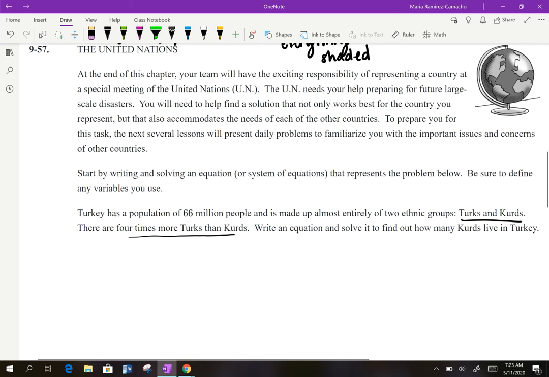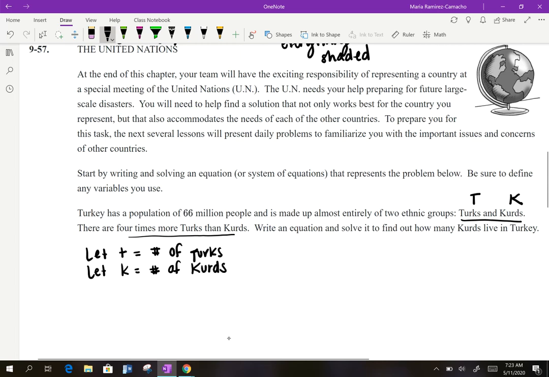So I want to take you back in time to chapter 4 when we were writing systems of equations. The very first thing that we started with were let statements. So since we have Turks and Kurds, let's just let T represent the number of Turks and K represent the number of Kurds. So let T equal the number of Turks, capital T, and let K equal the number of Kurds.